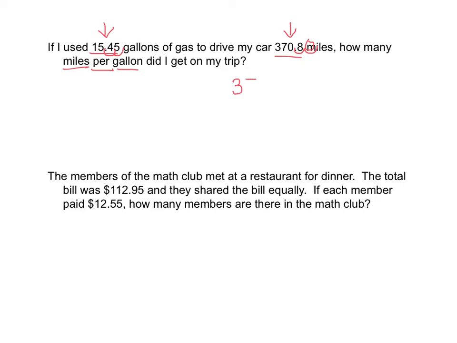So I have 37,080 after I move my decimal point over 2 spots, divided by 1,545. You want to add in your decimal point at the end just to have it there, you can. Right, so 1,545 can go into 3,708.